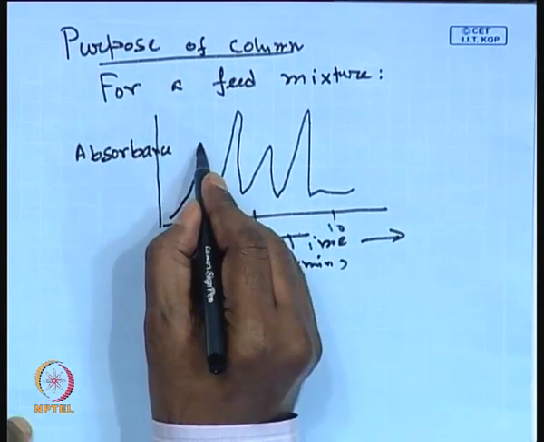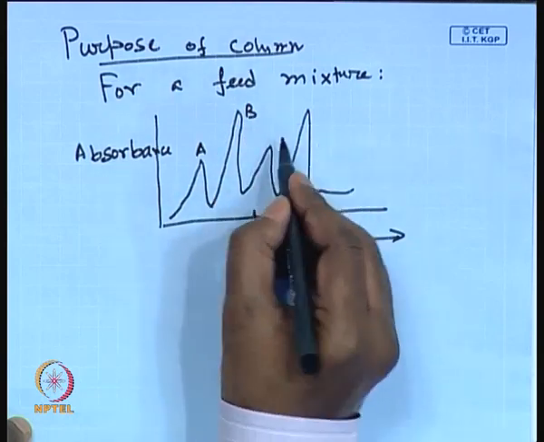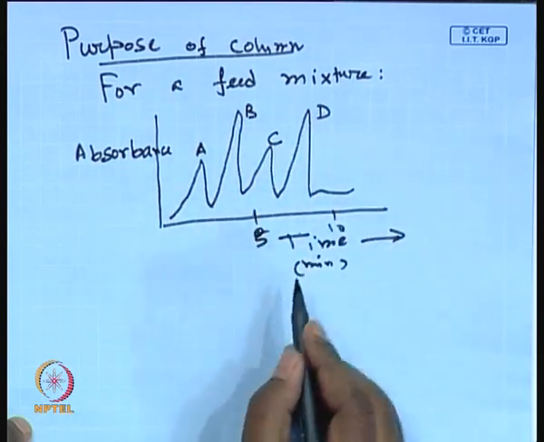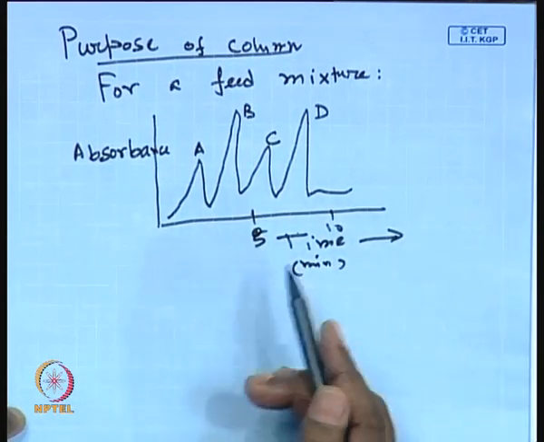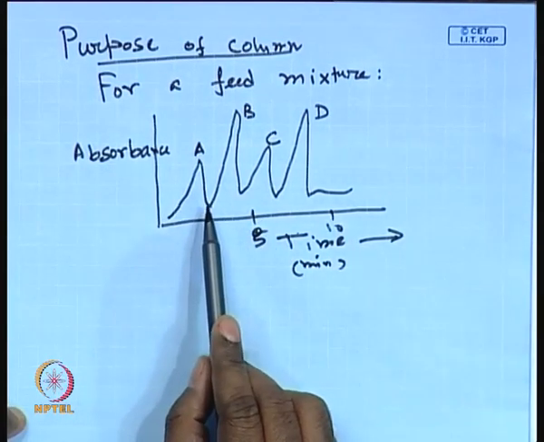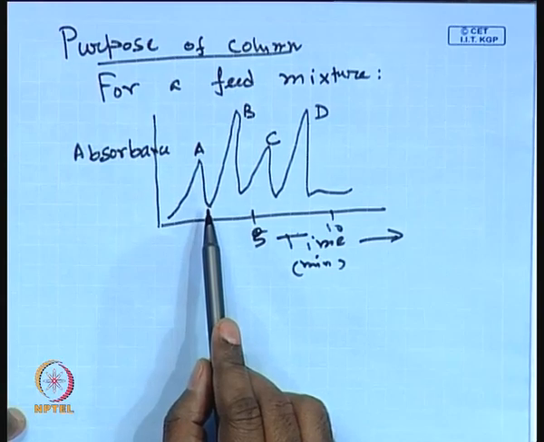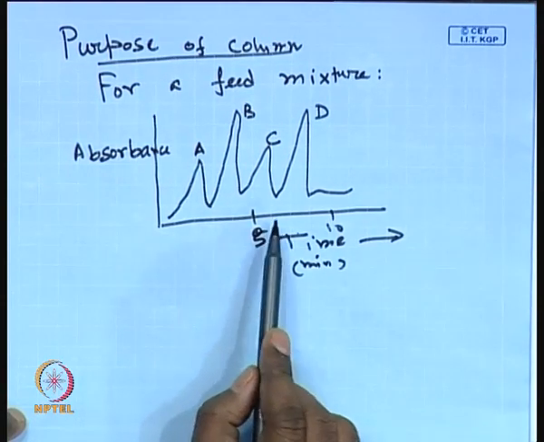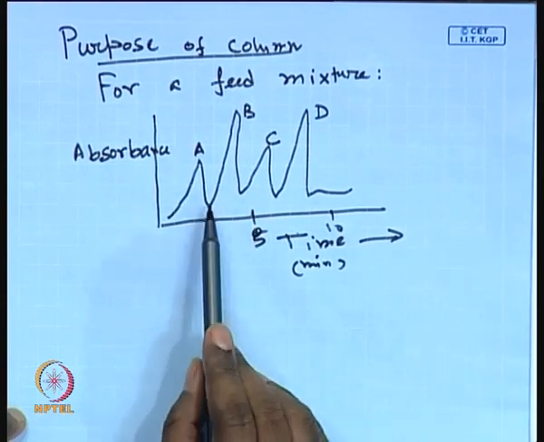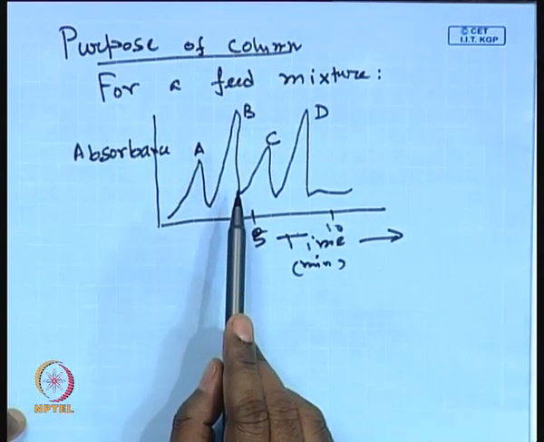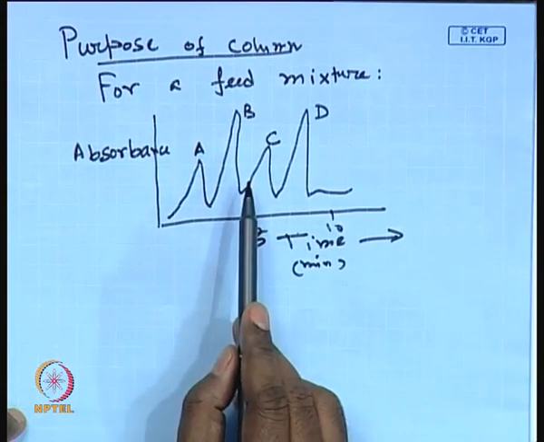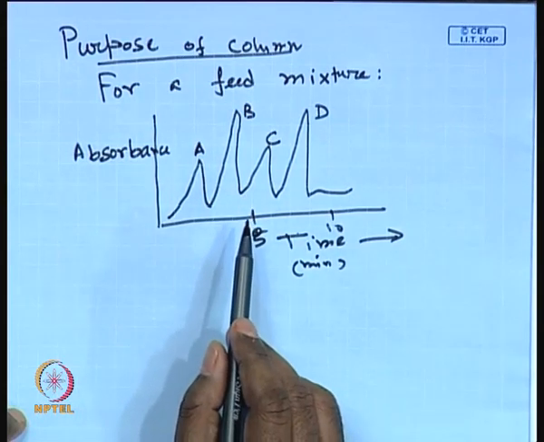This peak corresponds to component A, this peak to component B, C, D. Various components have various properties, and we will look into why these properties cause different residence times. So, at different residence times you get peaks of the corresponding component. The area under the curve gives you the value of the concentration.